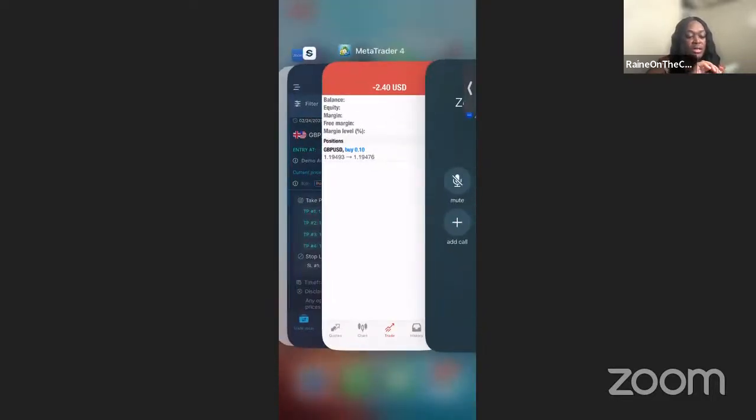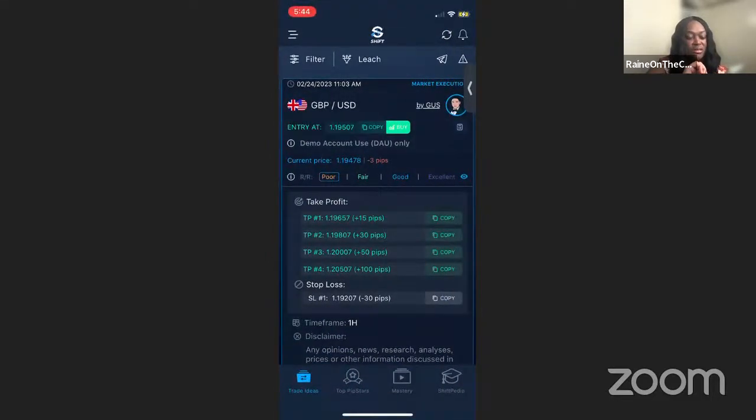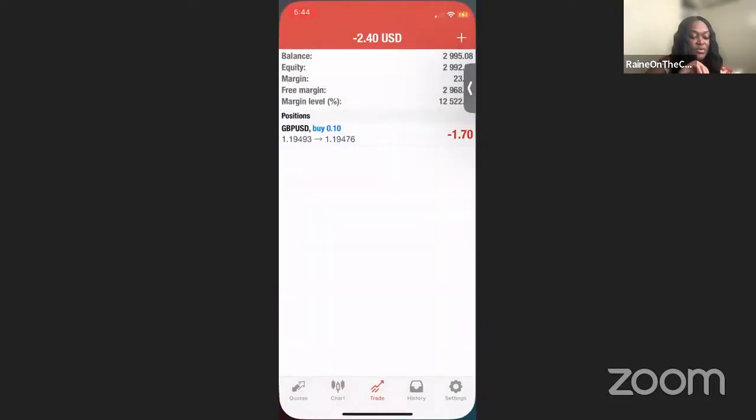So I wish it could be more in profit, I wish it could move up so we could see. But what you would do, let's pretend, right? Let's pretend that it was way in profit. You're going to modify the trade.